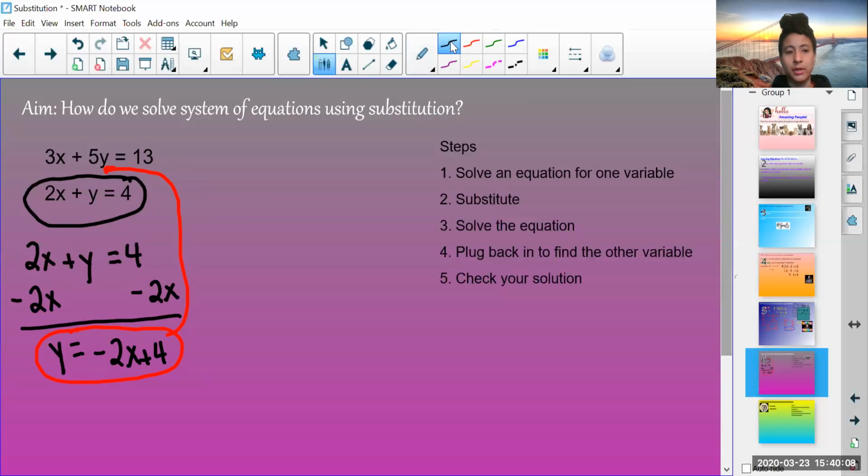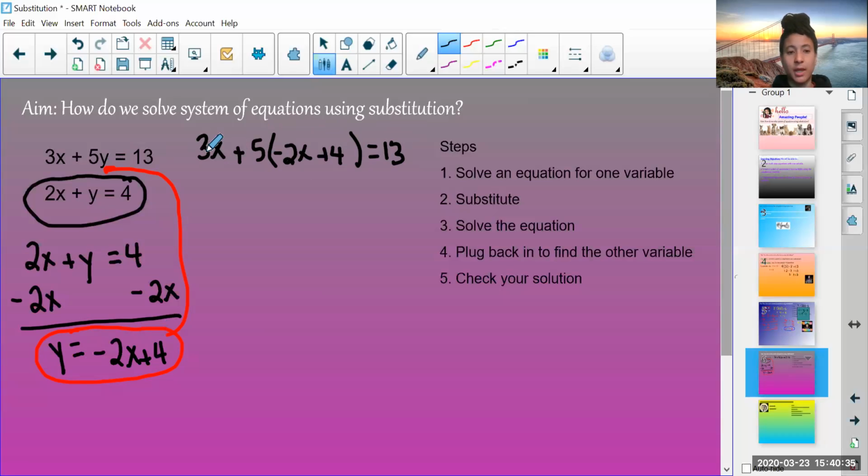So let's get started. So we have 3x plus 5 times, now y is -2x plus 4, and we want to say it's equal to 13. So keep in mind, the only thing that I've done differently here is change the y to what we solved for down here.